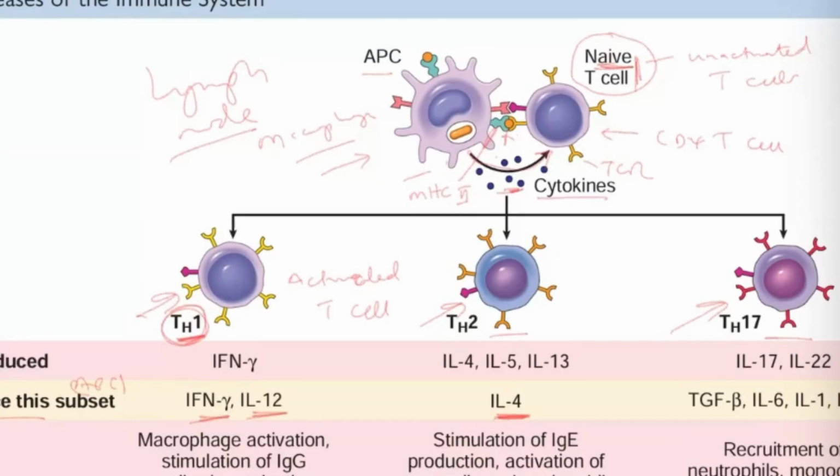So if the naive T cell receives interferon gamma and interleukin 12, it will become a Th1 cell. If it receives interleukin 4, it becomes a Th2. If it receives these ones, it becomes Th17.